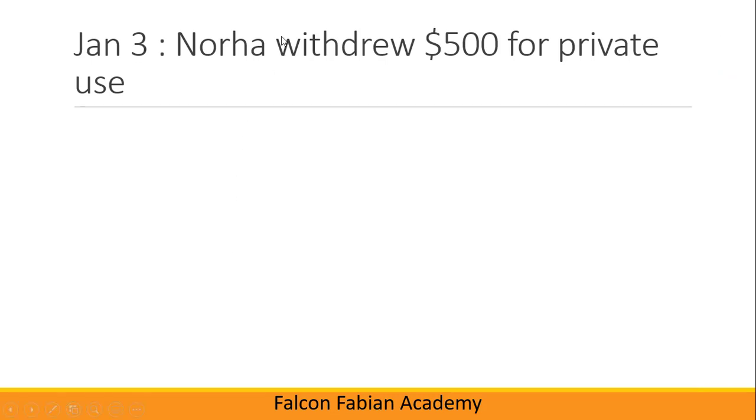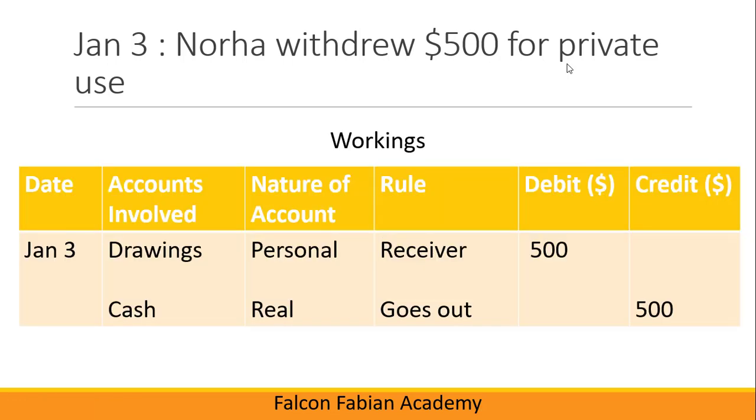And the final entry is Norha withdrew $500 for private use. Here the owner is withdrawing money for personal use. Again, we will be doing the workings first. So first we recorded the entry of January 1 in the workings, then we did the workings for January 2, and now we will be doing the same thing for this entry. So Norha has withdrawn $500.